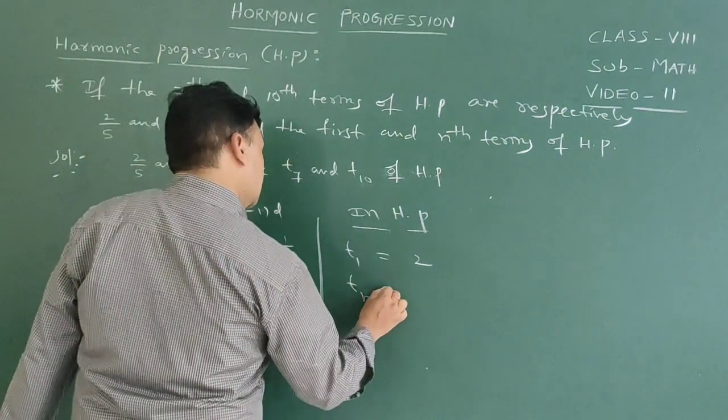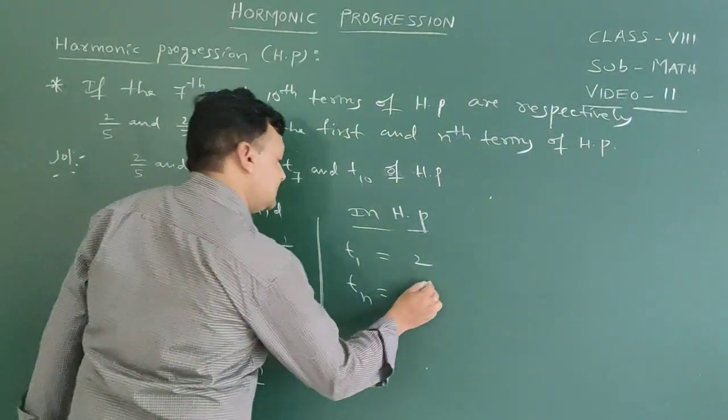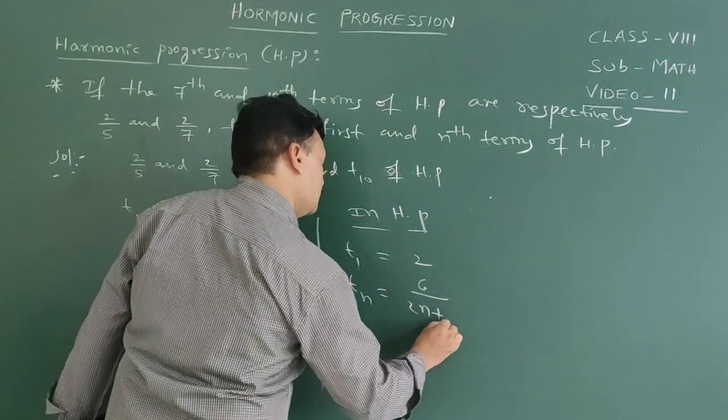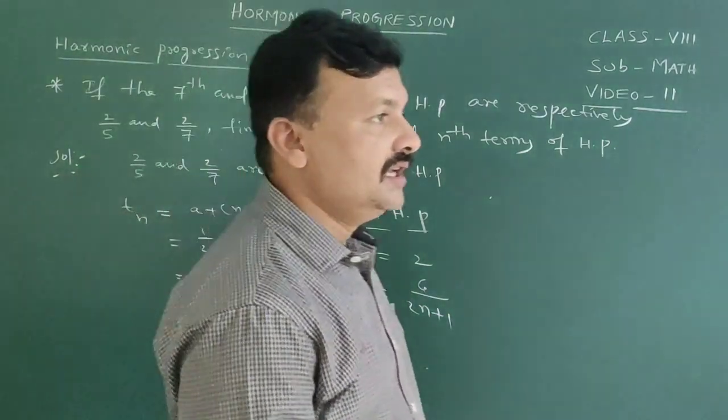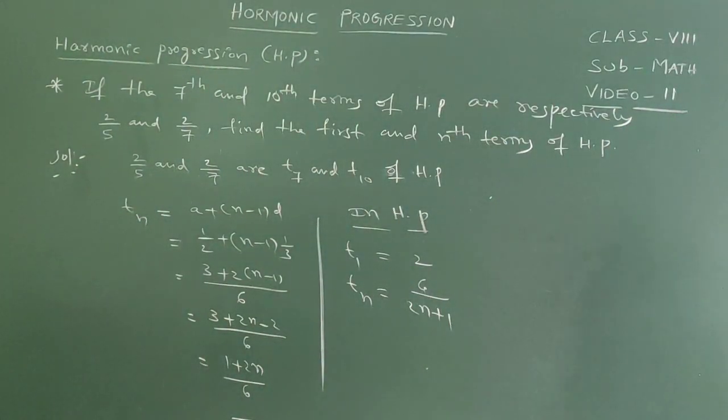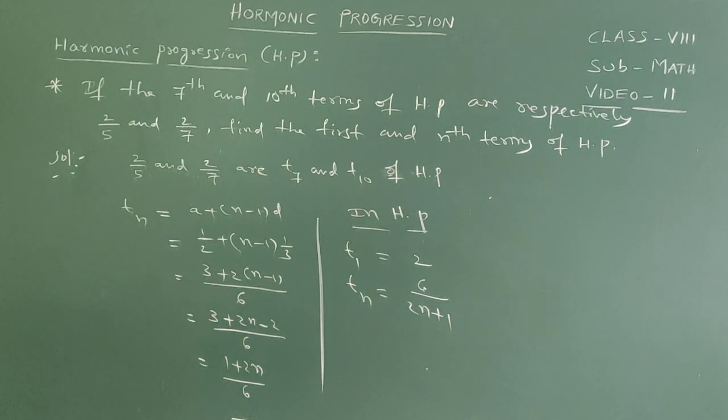In the HP Tn is 6 by 2n plus 1, because in the AP we got 2n plus 1 by 6. That's why in the HP it's the reciprocal, 6 by 2n plus 1 is its nth term.